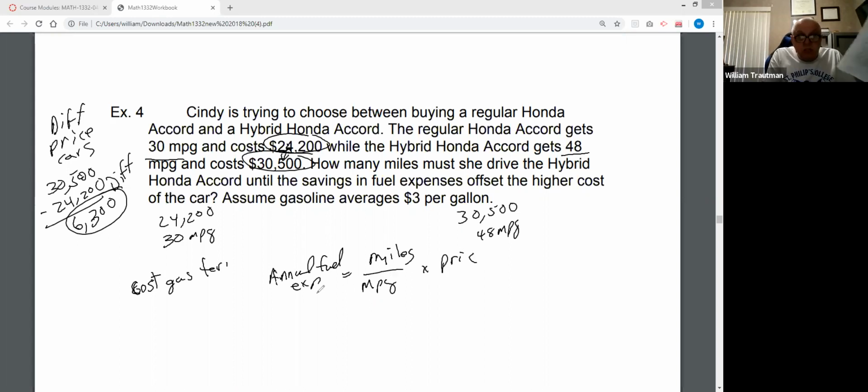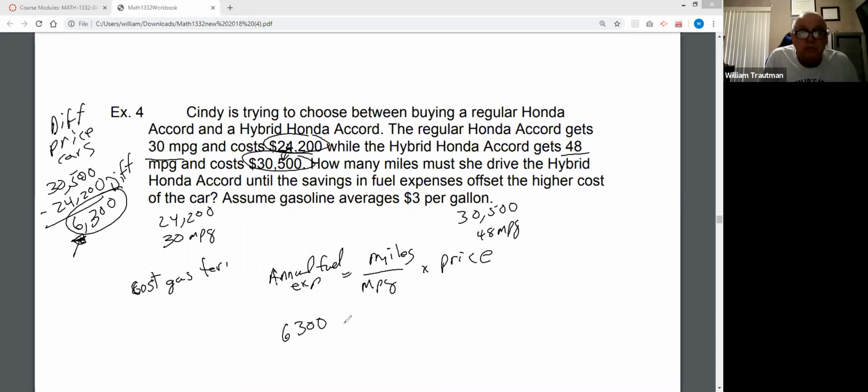I think we can do this. So let's fill in everything we know. Well, the difference in the cost is the difference in fuel expense.